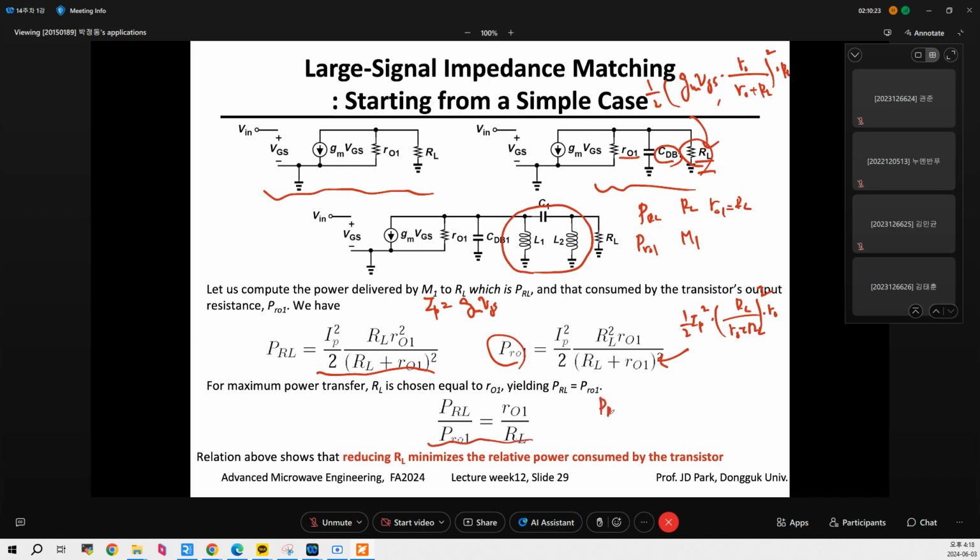P delivered to the load divided by P consumed by your device is a ratio, RO1 divided by RL, which means your RL should be reduced to boost the efficiency, right? This is efficiency. You have to reduce RL. How? You just add a matching network to make it lower.